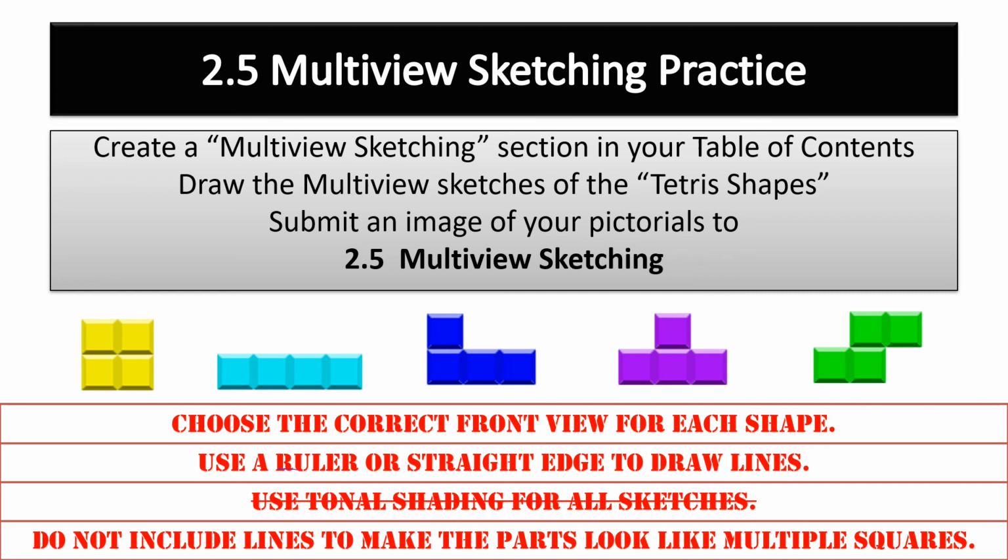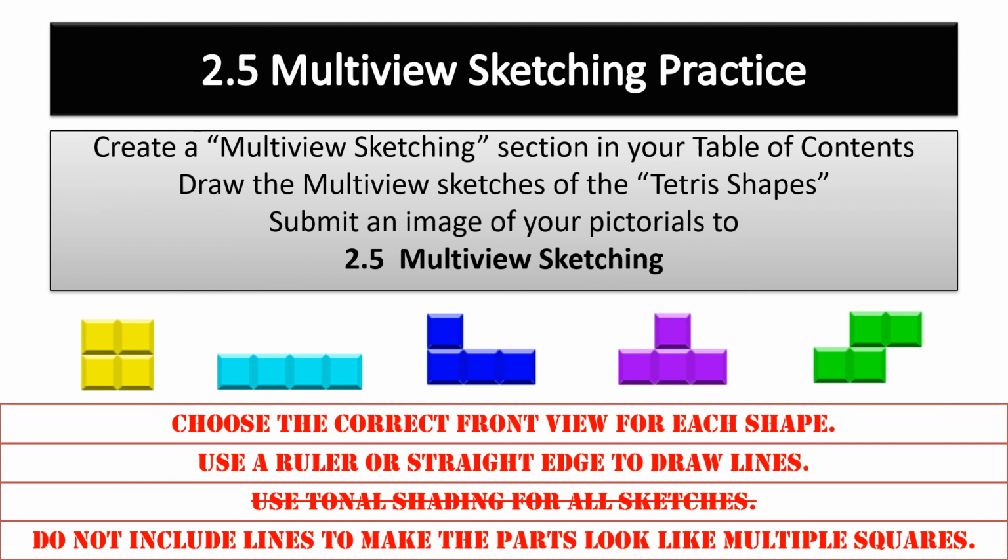For multi-view, do not use tonal shading. You do not have to shade in your views. If you shade in your views, you're going to get points off. The shading was for the pictorials to give the representation of a three-dimensional object. Multi-view sketching is supposed to be two-dimensional.